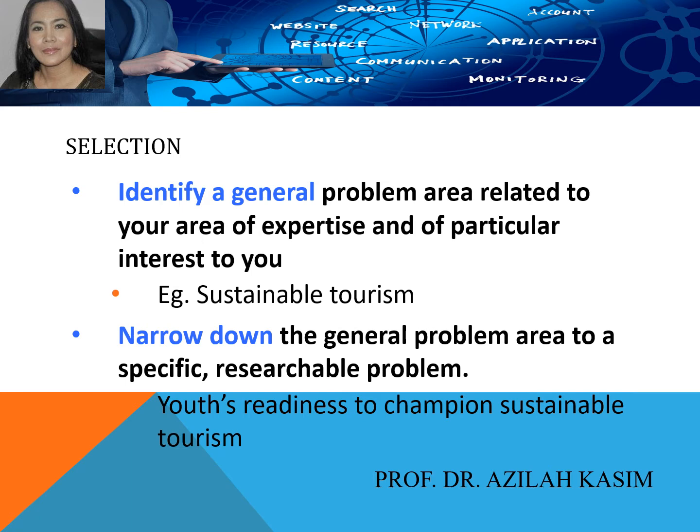So you have a broad area of medical tourism and a specific area of cosmetic surgery done by foreign tourists when they visit Malaysia, for example. There is a need to narrow down from the general topic to something more specific. We have to have a focus, and we can only focus by narrowing down the general problem area to a specific researchable problem.